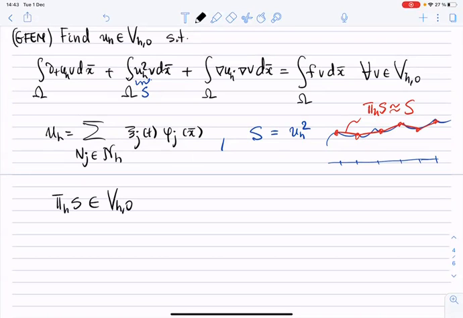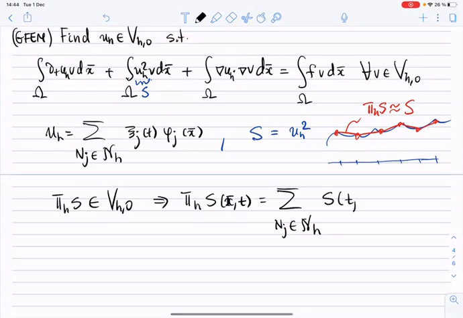The definition of interpolant also says that the function matches, so the interpolant, of course, depends on space and time, and is equal to a linear combination of basis functions, where the nodal values are the values of the function at given points. So it is the S values at the nodes times the phi j's.